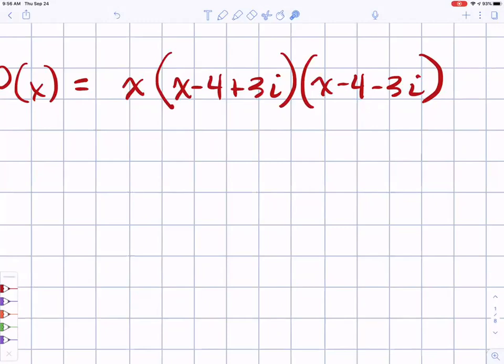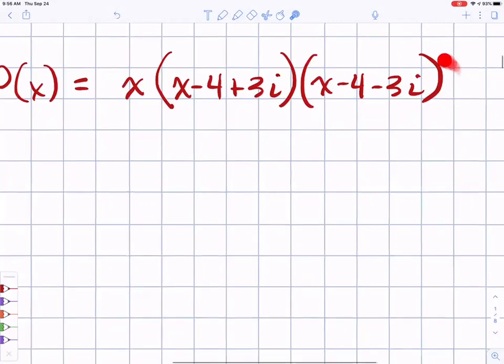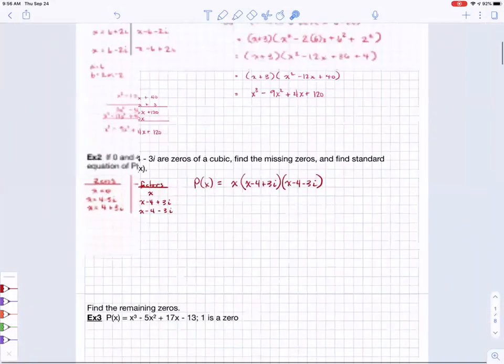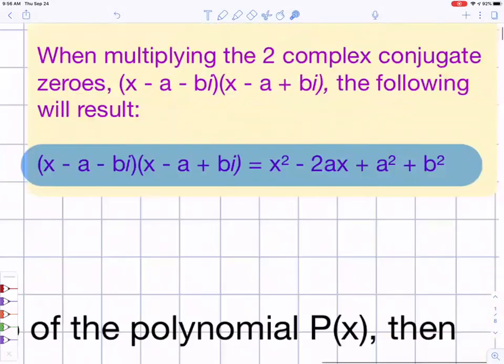Okay. So what I've done is I've created little dude for you. Little dude makes multiplying these two together much more simple. So let's go back for just a second and look at what little dude says.